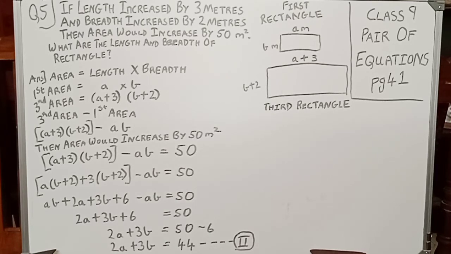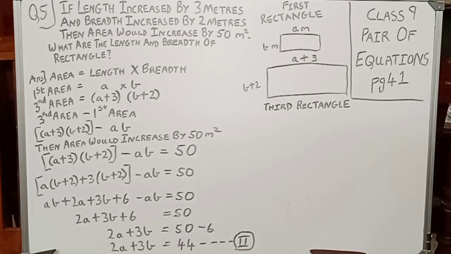We open a bigger bracket, and inside it two smaller brackets: (a plus 3) into (b plus 2), bracket close, and the bigger bracket close, minus AB. AB is the area of the first rectangle, and the previous one is the area of the third rectangle.